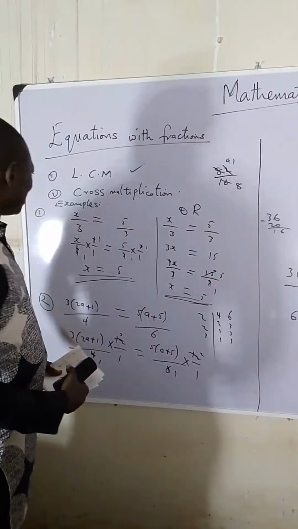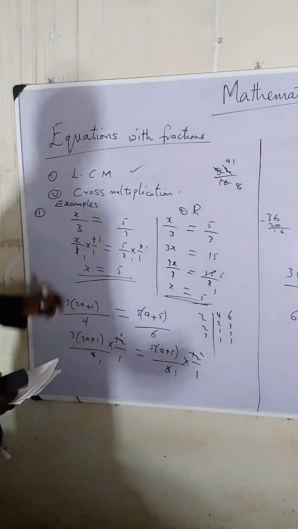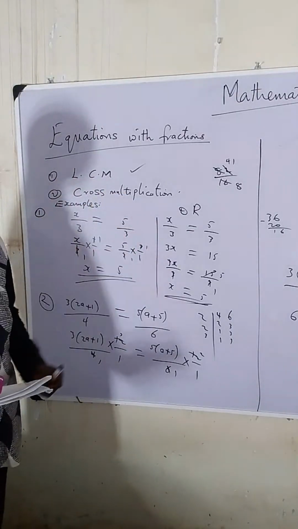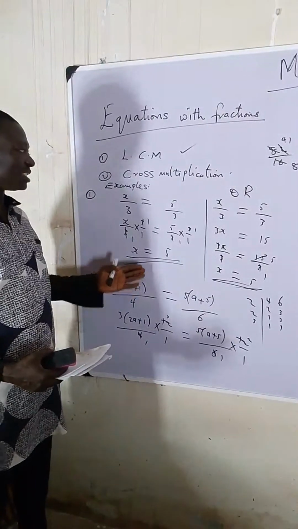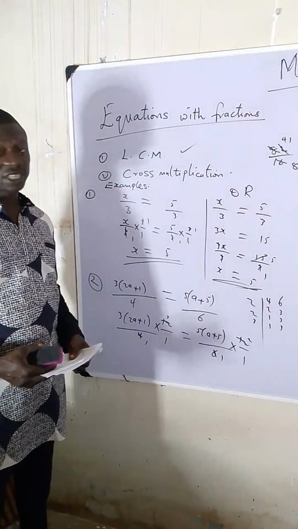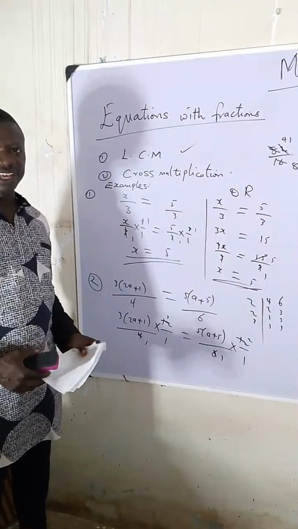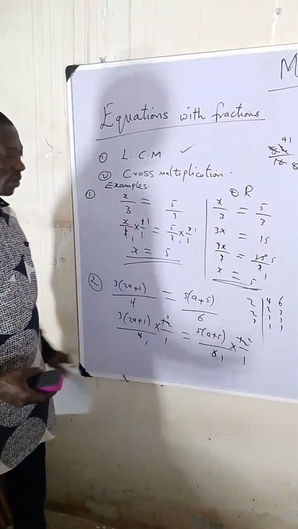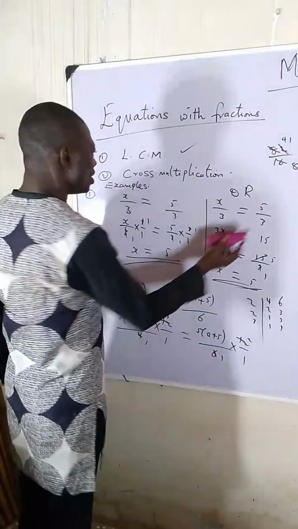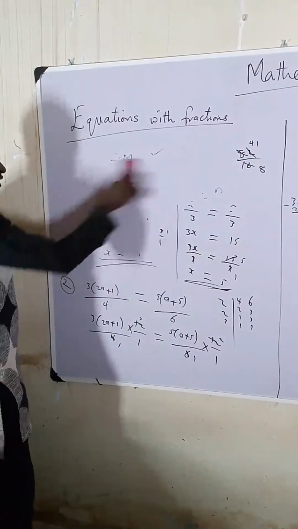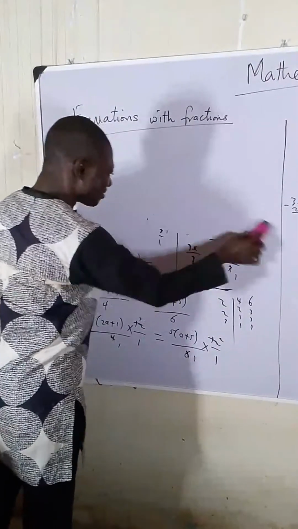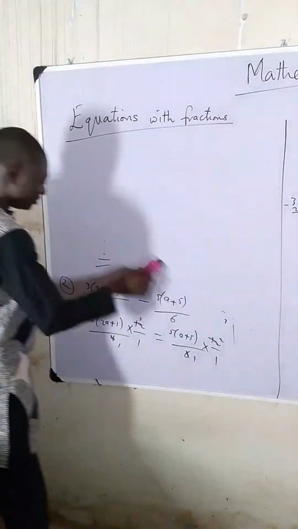But remember that when we're solving equations involving fractions like this, it is better we use the LCM method, especially when we have an algebraic equation. We are going to come to that as we continue. So let's get to number 3.